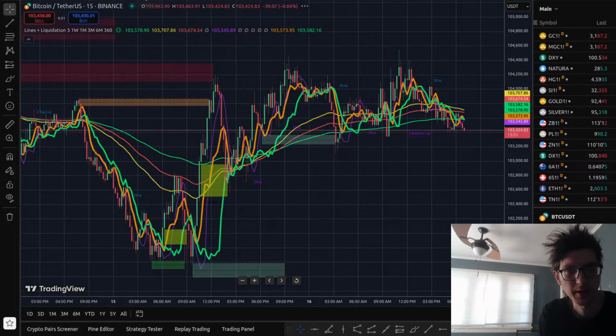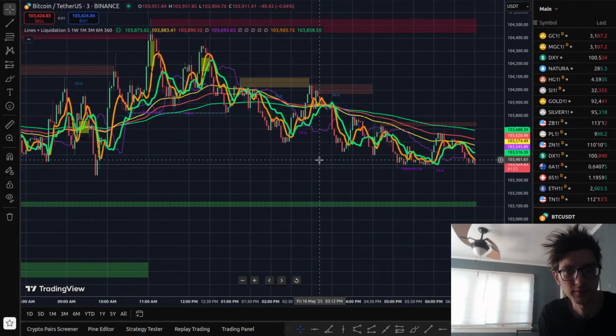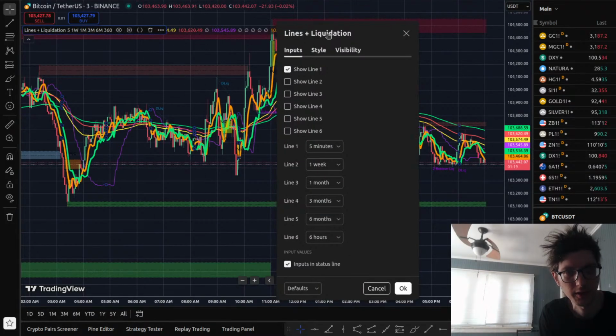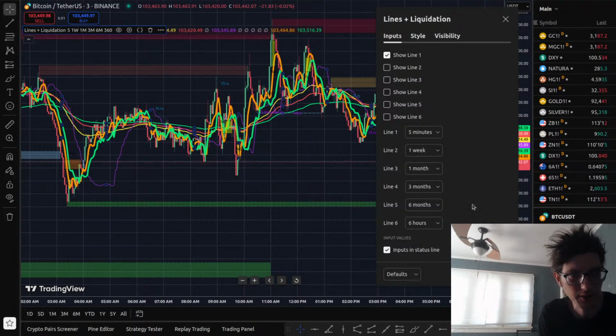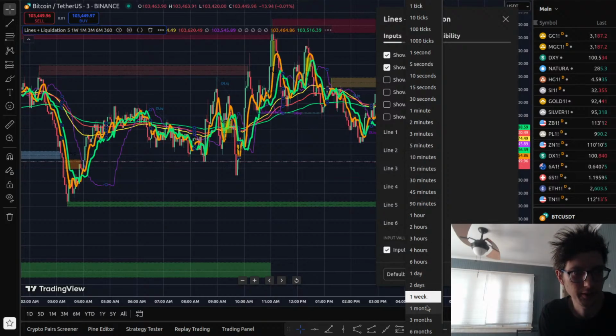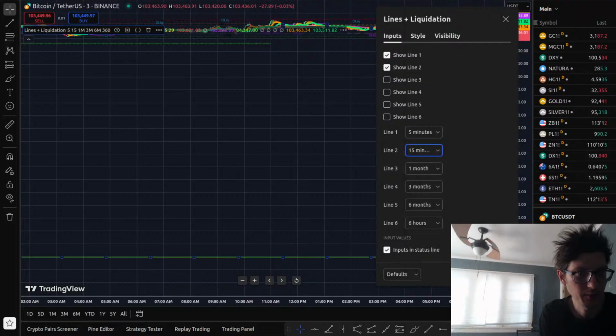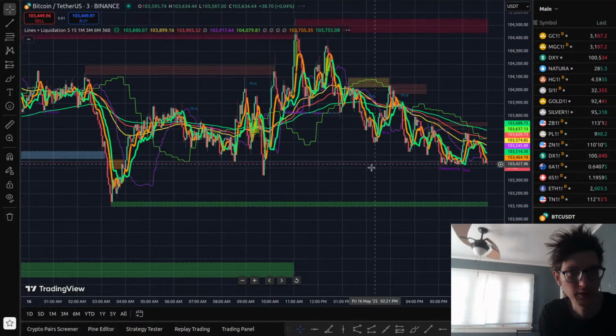It just doesn't make sense to do that. That's not how this indicator was designed. So you've got your indicator lines, and you can set any one of these time frames to any one of these lines here.